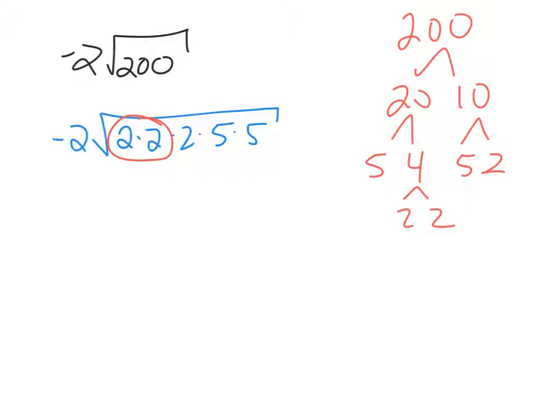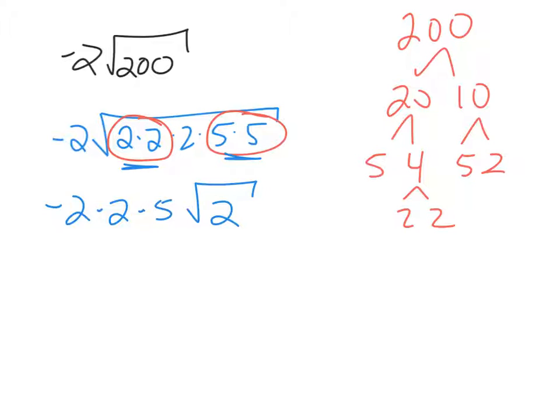We got that. Is there anything else? We got 2 5s also, okay? So this negative 2 is just there. That's part of the problem. And then we can bring this one out. So there's another 2. And then we bring this one out. So there's a 5. Square root of 2. Is that okay?